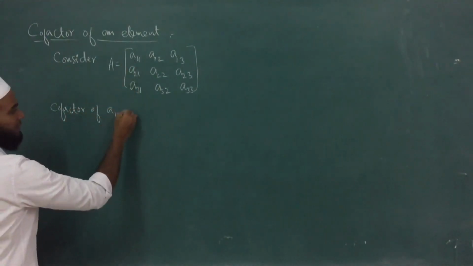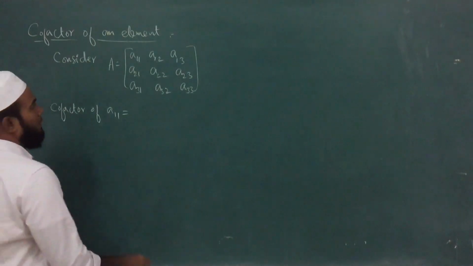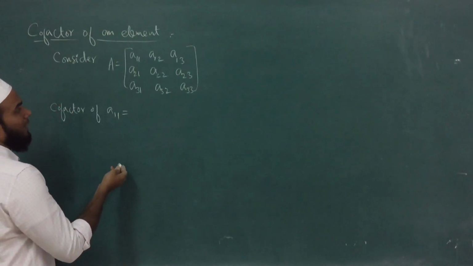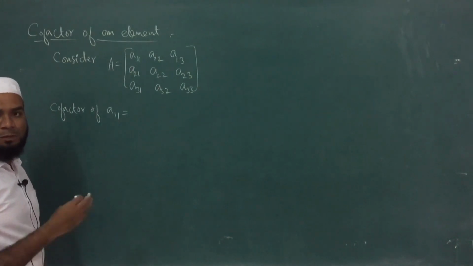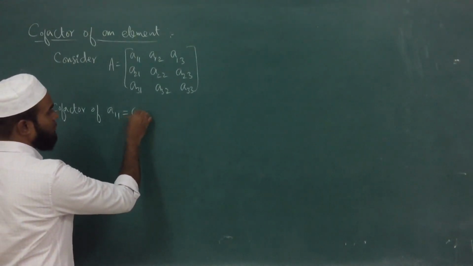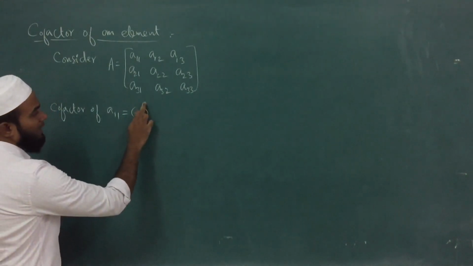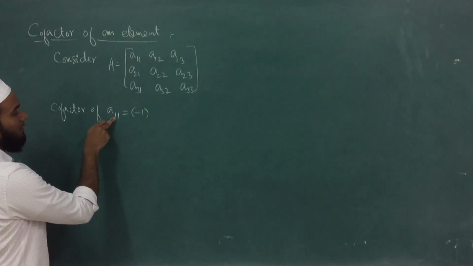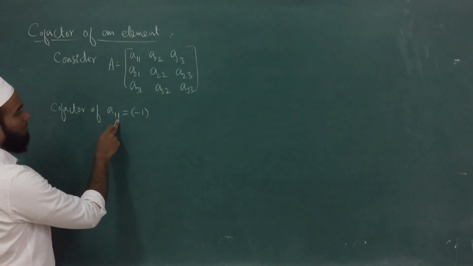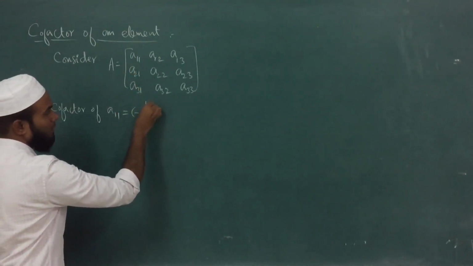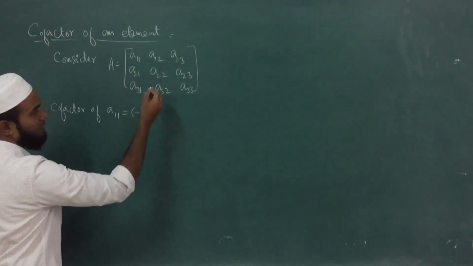Cofactor of A11, the first element: actually it is the minor only, but it should be multiplied with minus 1 power, where in the power we write row number plus column number. The row number for this entry is first row, and the column number is first column.